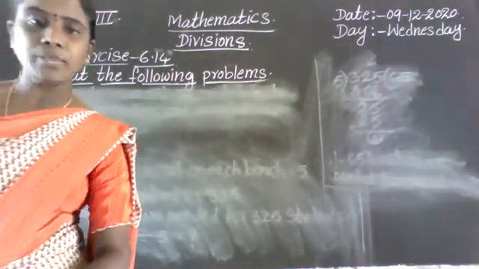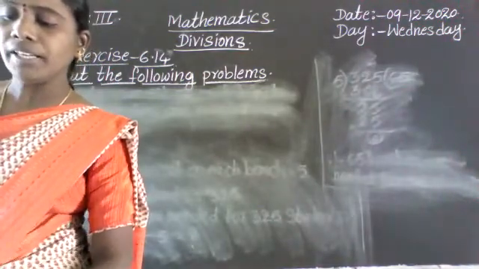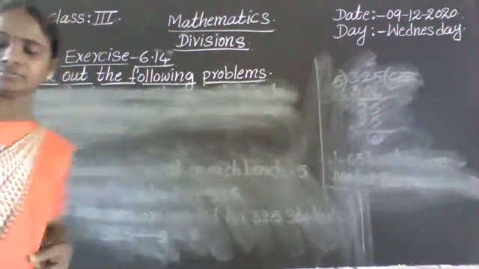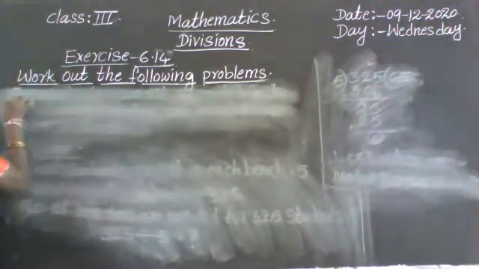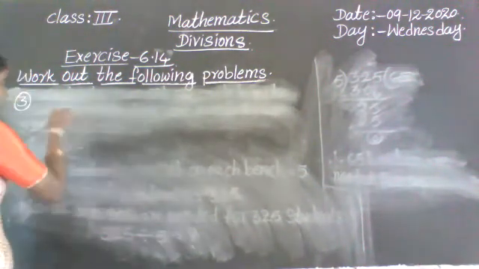Okay, next I will explain the third one. How many weeks do 357 days make?